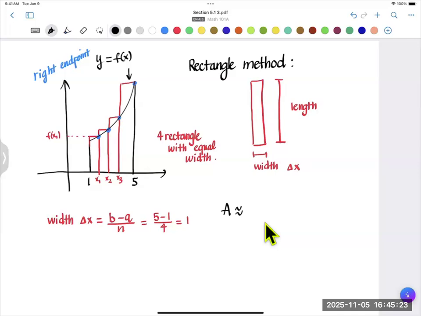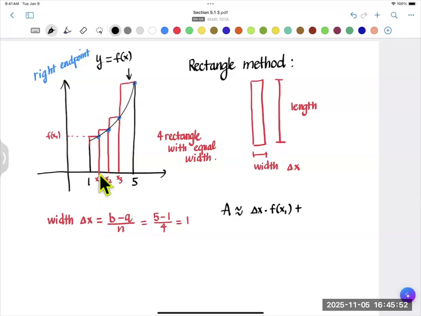So the first rectangle, the area of the first one, the base I call delta x, okay? Times the height of the first rectangle, which is my f of 1. And then plus the area of the second rectangle, the base is also equal to 1, which I call also my delta x, right?